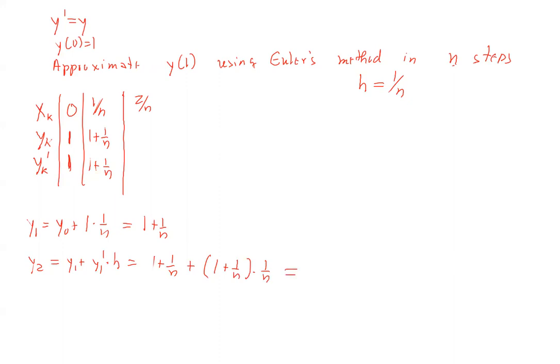And this, you can think of it as this times 1 plus the same thing times 1 over n, which gives you 1 plus 1 over n squared.